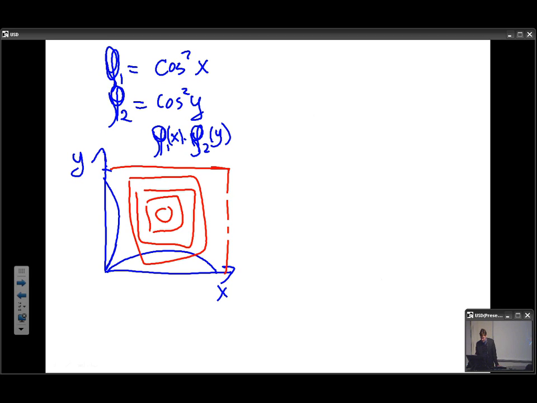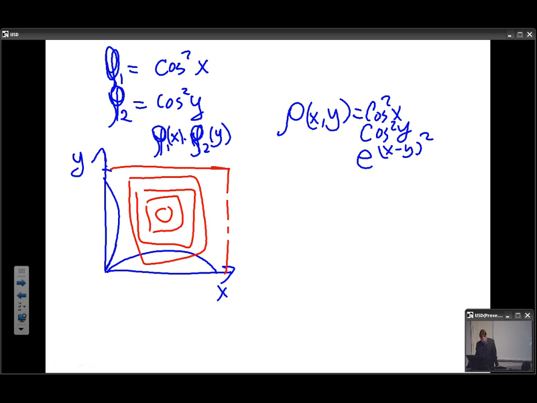But in reality, we have a shape square f square y times exponential x minus i y squared.